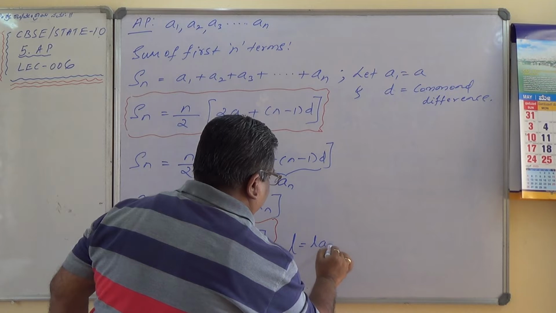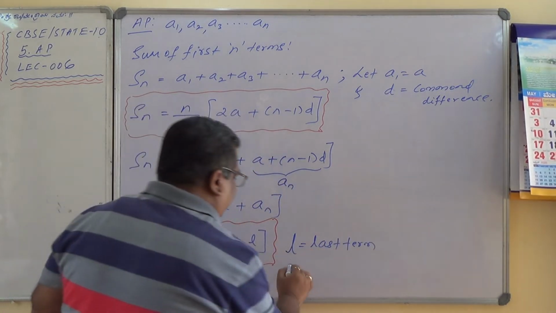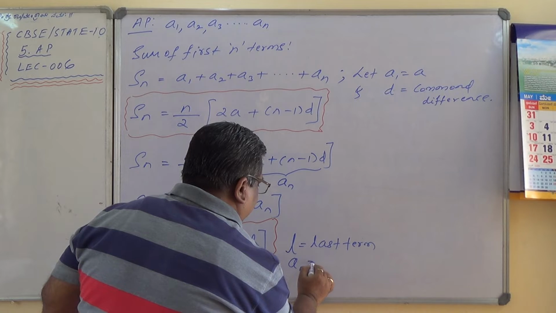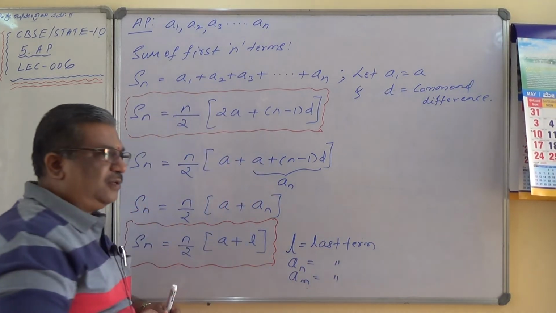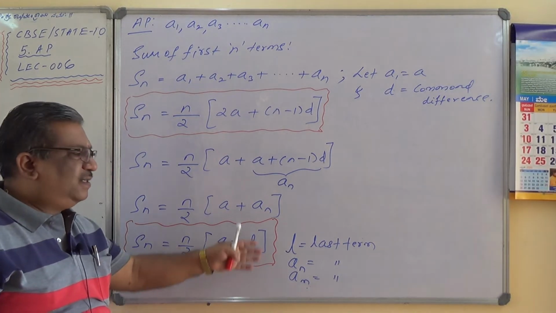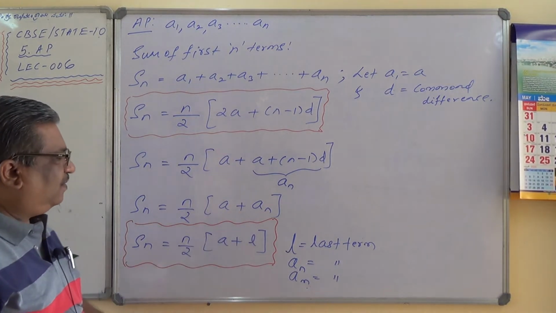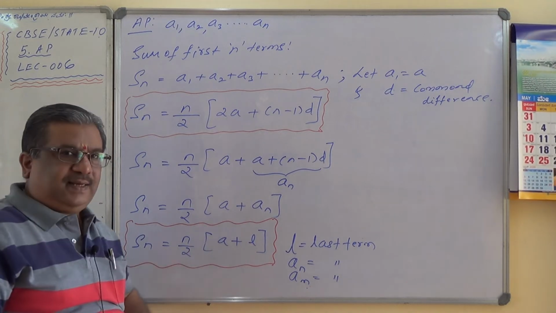Sometimes the last term is also represented by an or am. So either an or am or l, these are different notations. Most often we use either an or l as the last term.